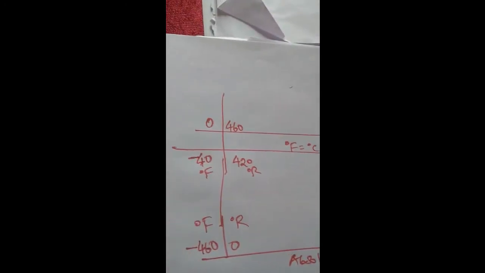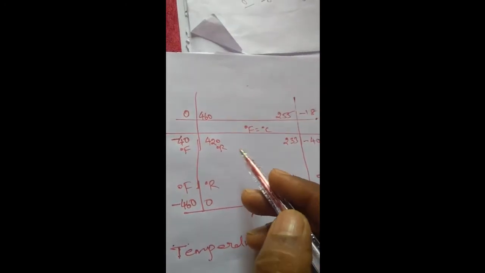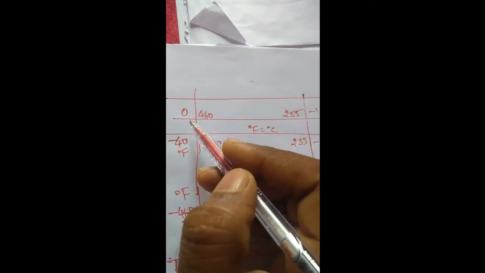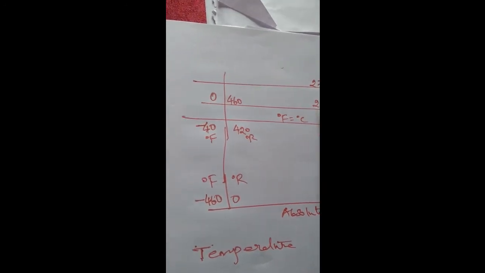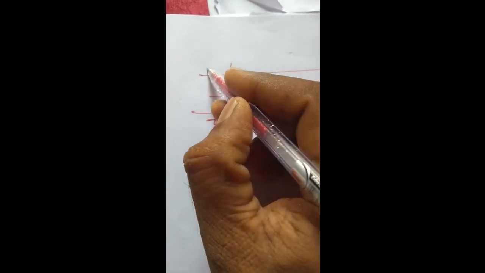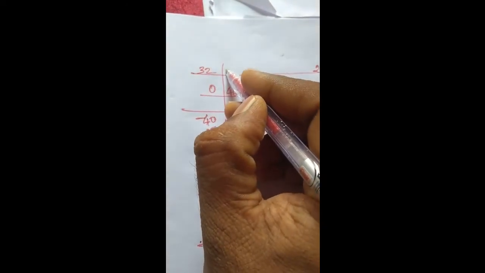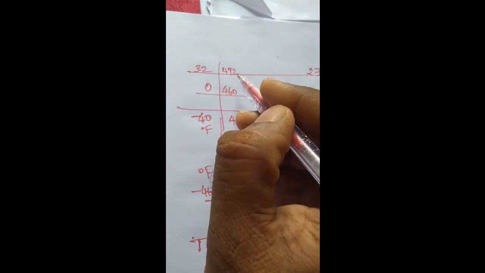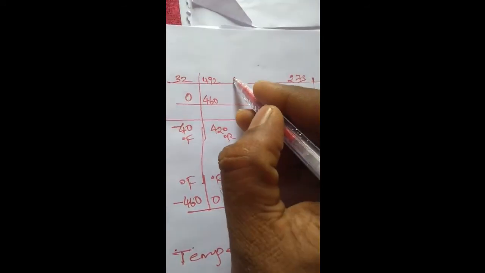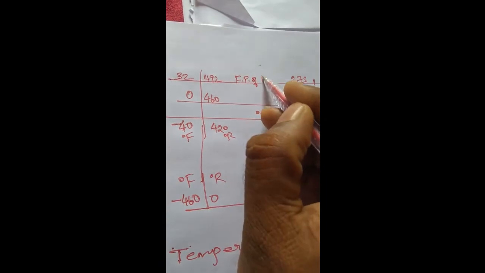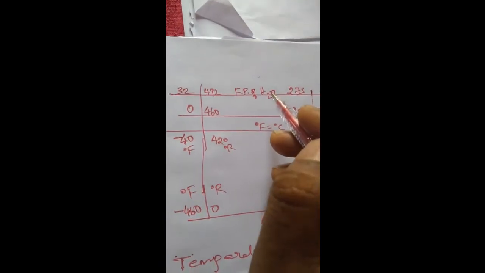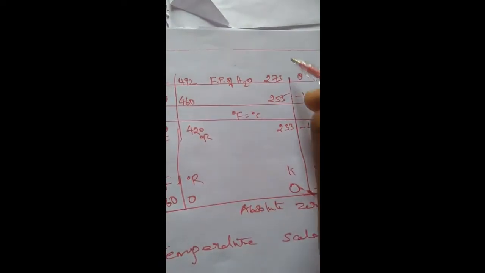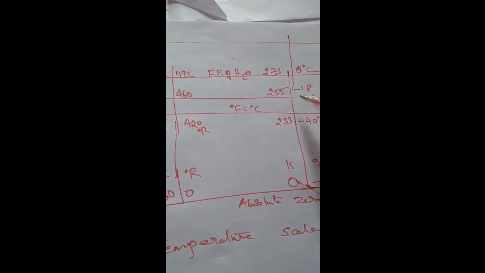Okay, above which, if you consider the freezing point of water, what is that? 0 degree Celsius or 273 Kelvin. The corresponding values are 32 degree Fahrenheit, 492 degree Rankine, which is the freezing point of water. Next we can consider the boiling point of water.